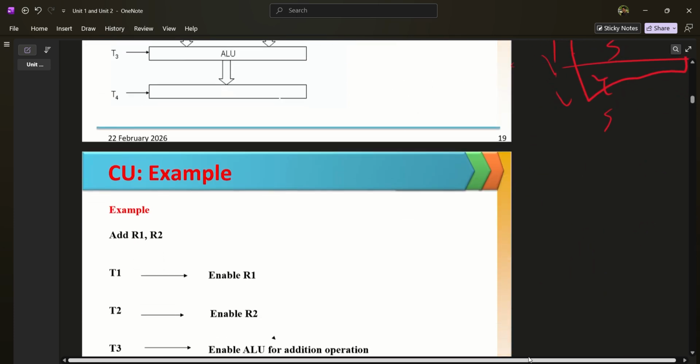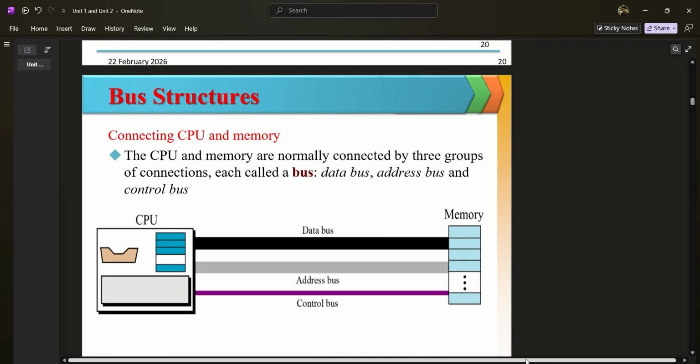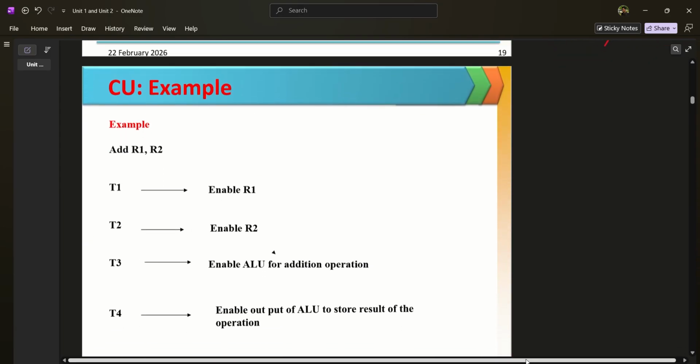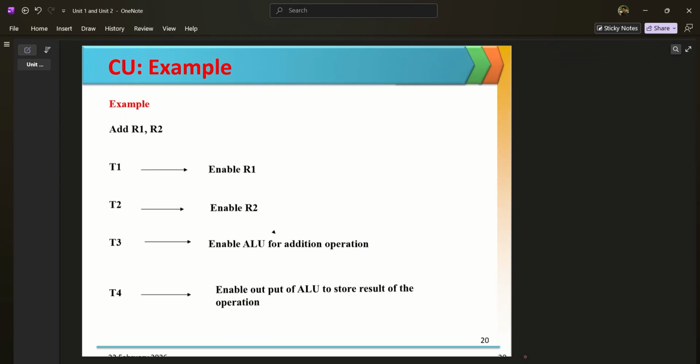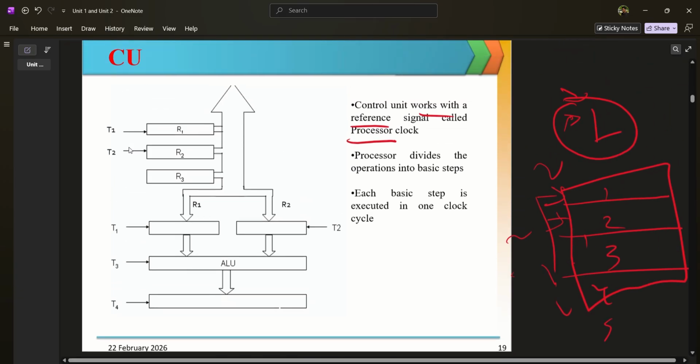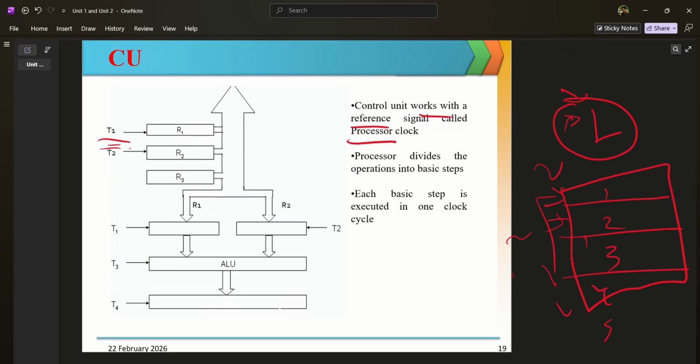Here is an example. If we have an instruction add R1 R2, T1 is the timing signal one.